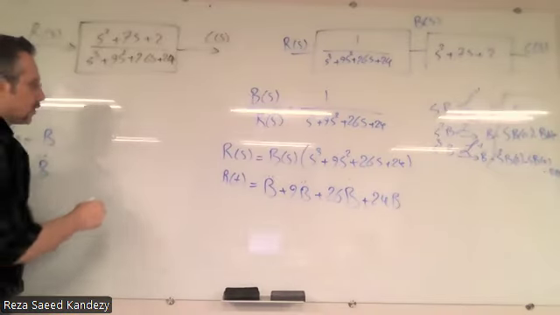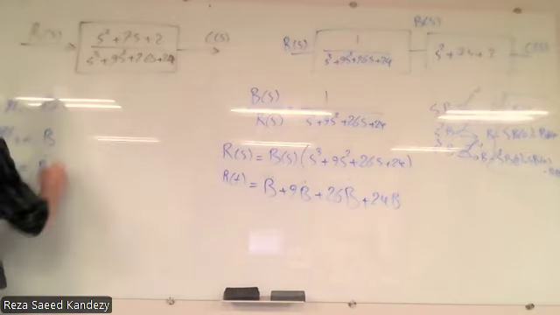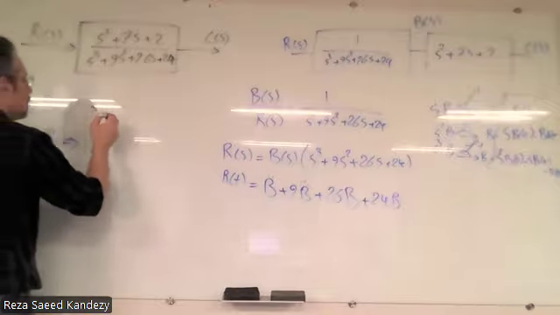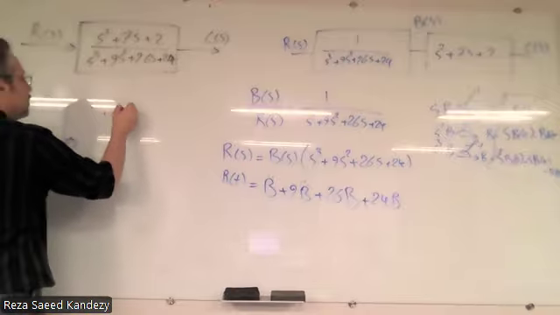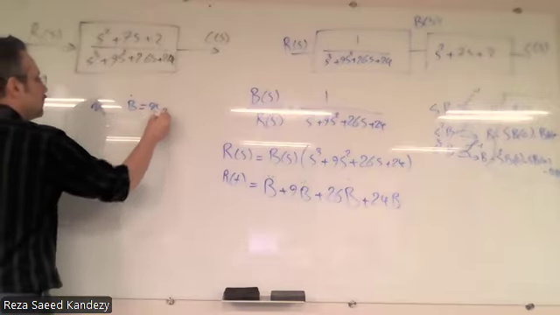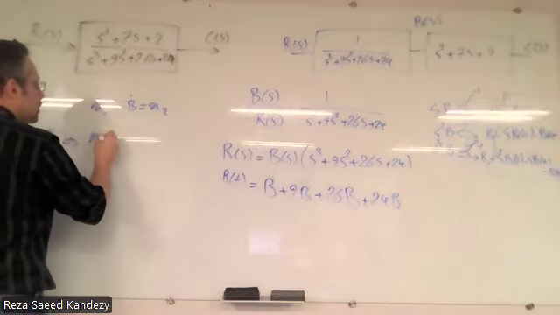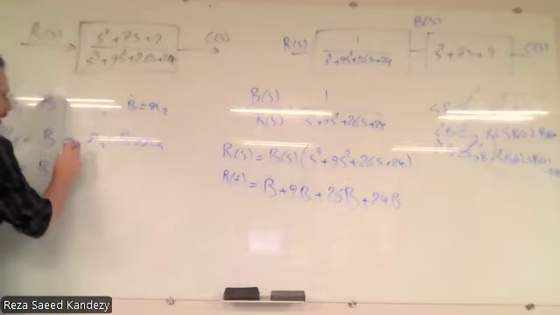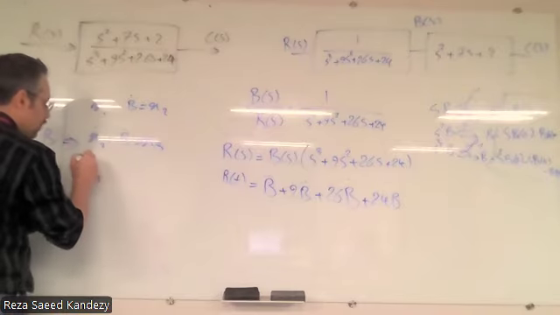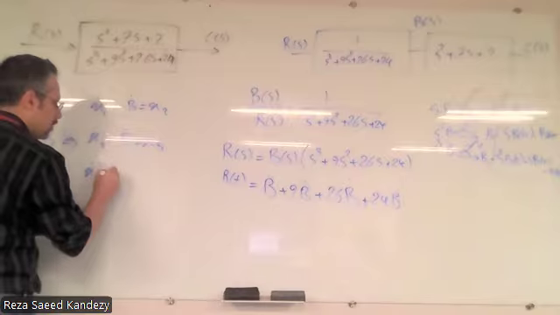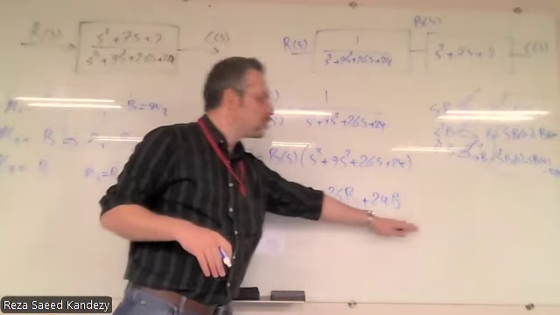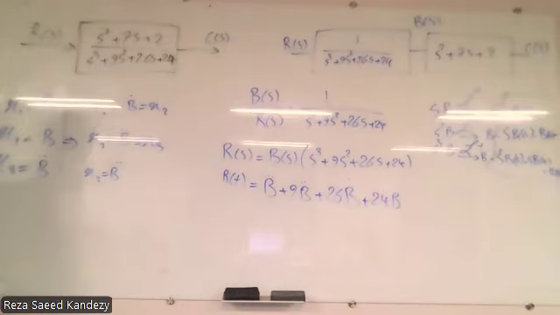If we have such a definition, then x1 dot is going to be b dot, which is x2. x2 dot is going to be b double dot, which is x3. And x3 dot is going to be b triple dot. We don't have that in a state variable, but we have the original equation.